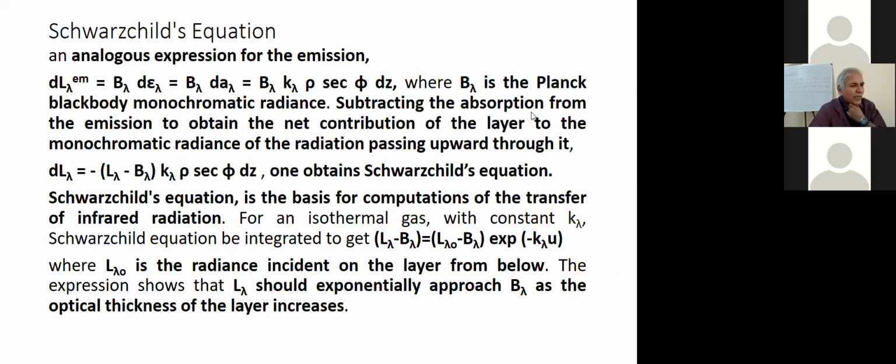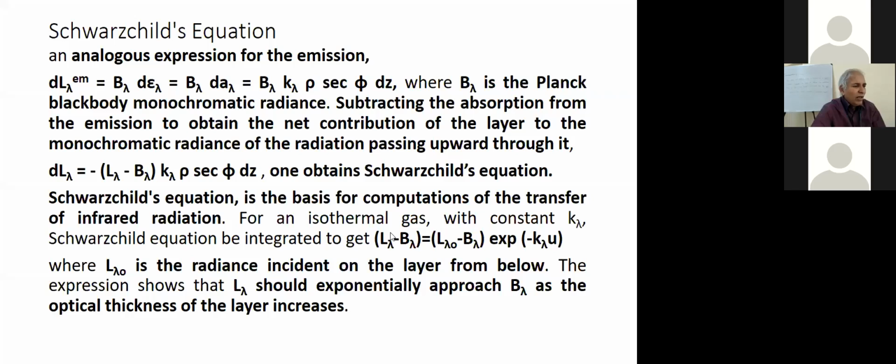So I subtract the absorption from the emission to obtain the net contribution of the layer to the monochromatic radiance passing upward. As you see, this is the emission, minus of minus is plus, so B lambda into this is that part of emission. The absorption is minus L lambda into this. So basically I subtract absorption from emission, and I get this.